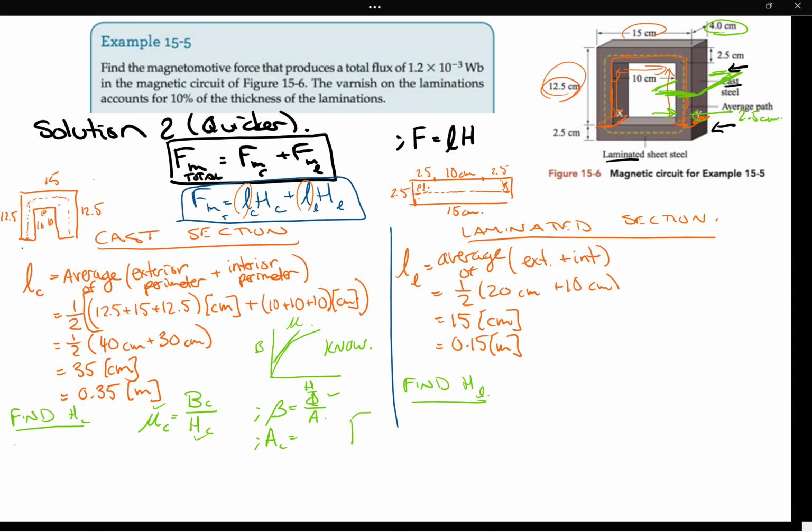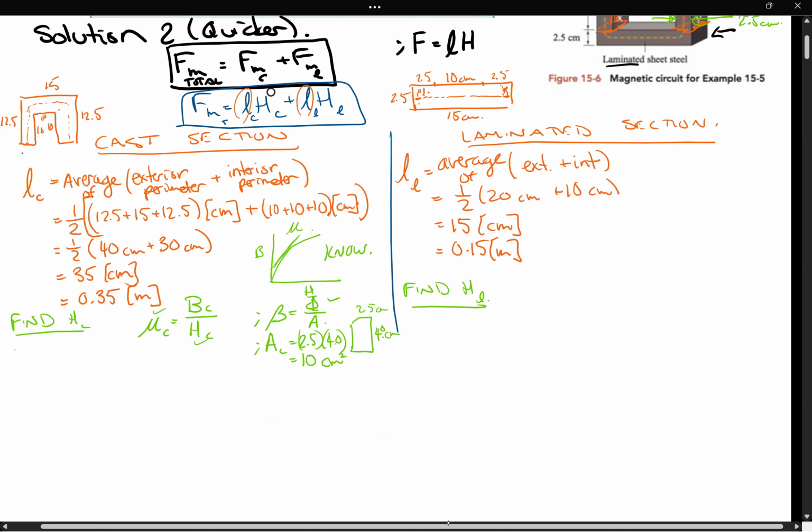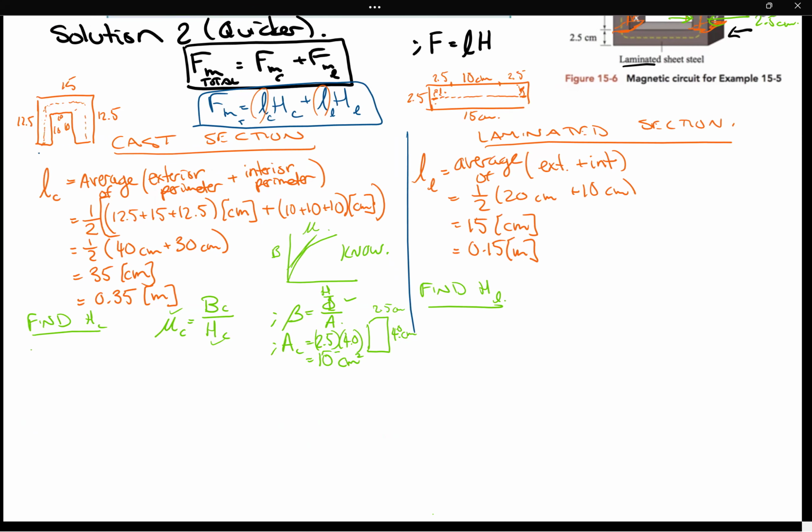So it looks like this. It is 4 centimeters by 2.5 centimeters. So cross-sectional area, 2.5 times 4.0, if we're keeping our significant digits, equals 10 centimeters squared. If I had room, I would have put centimeters in there and centimeters again to remind myself that it is centimeters squared.